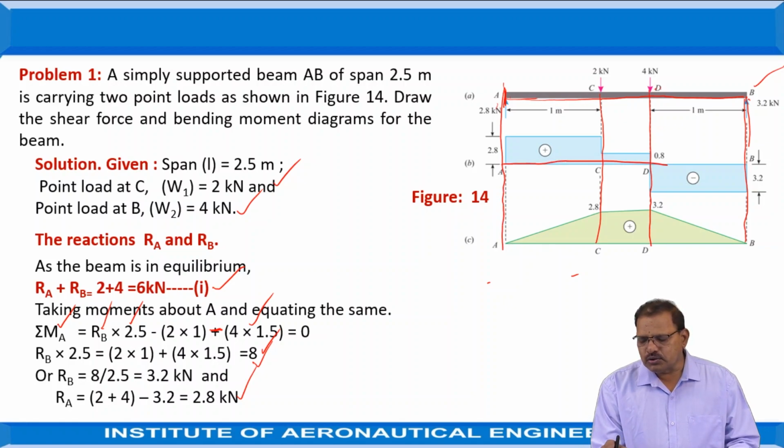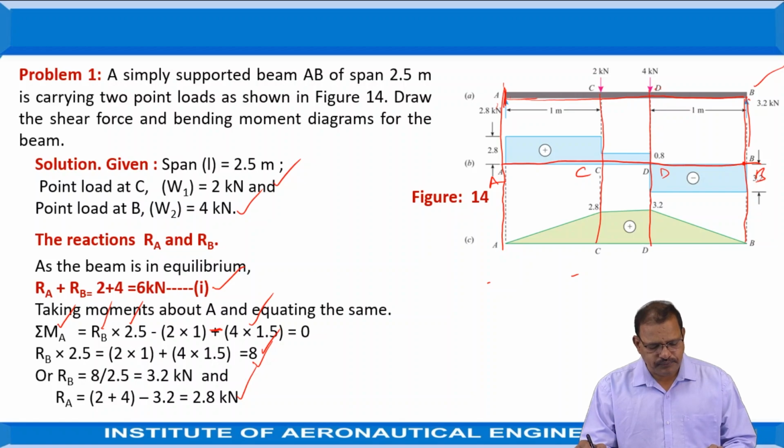Now draw a suitable horizontal line to represent the base or the length of the beam here, and represent the points A, B, D and C as shown in the figure. The shear force at B, already we determined its value, is equal to RB, which is equal to 3.2 kilonewtons, to represent on a drawing.